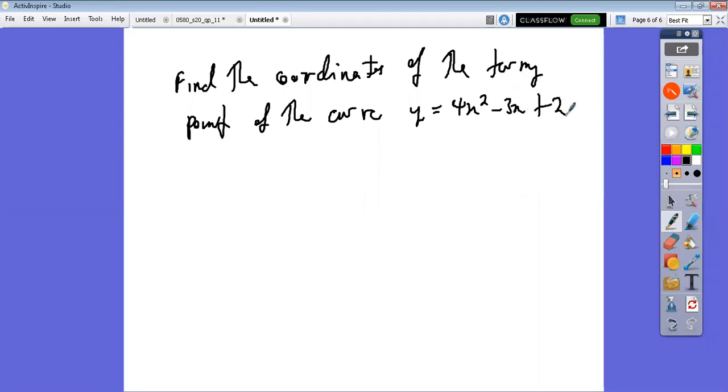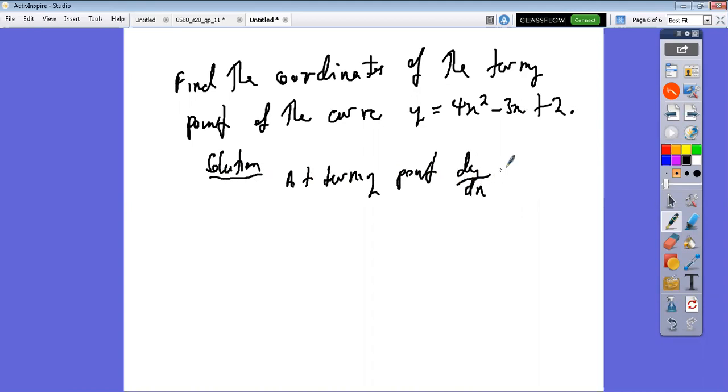The coordinates of the turning point. So solution: we should know that at a turning point, I'm writing in summary, but you don't have to write that in an exam, dy over dx should be equal to 0.